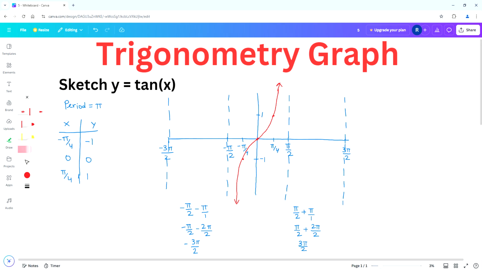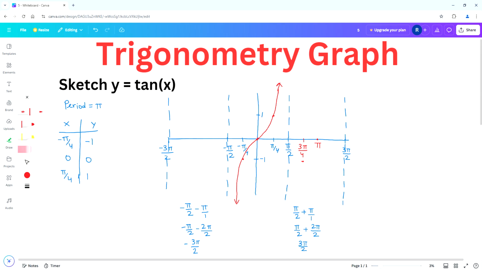Let's sketch the curve between the vertical asymptotes at pi over 2 and 3 pi over 2. The midpoint between these two vertical asymptotes is at pi. So the x-intercept for the curve between the vertical asymptotes is at pi. At 3 pi over 4, the y value is negative 1.